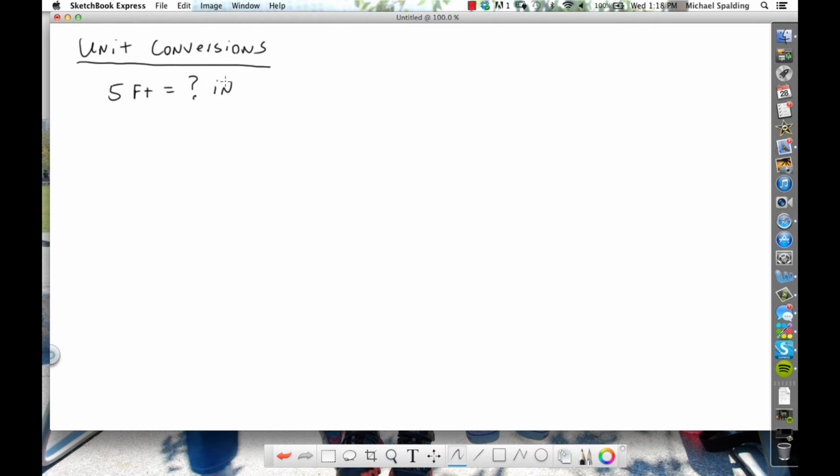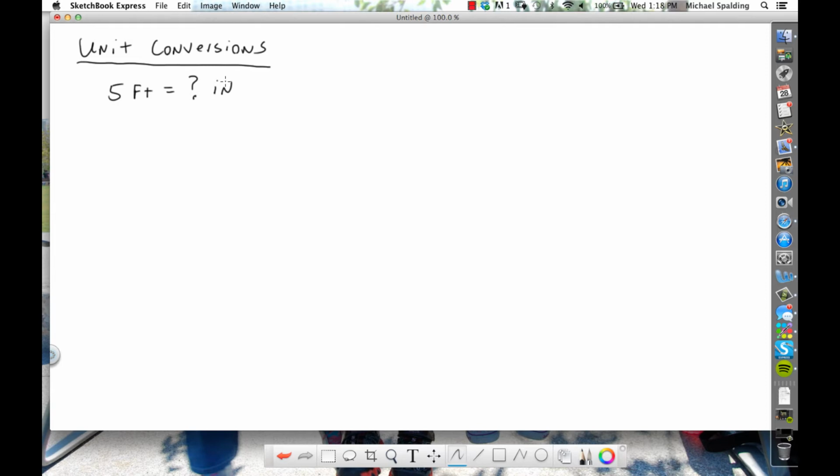So 5 feet equals how many inches? Most of you can do that in your head, but I'm just doing this to show you how to set it up. Whenever you do a conversion, you have to have what we call the conversion factor.